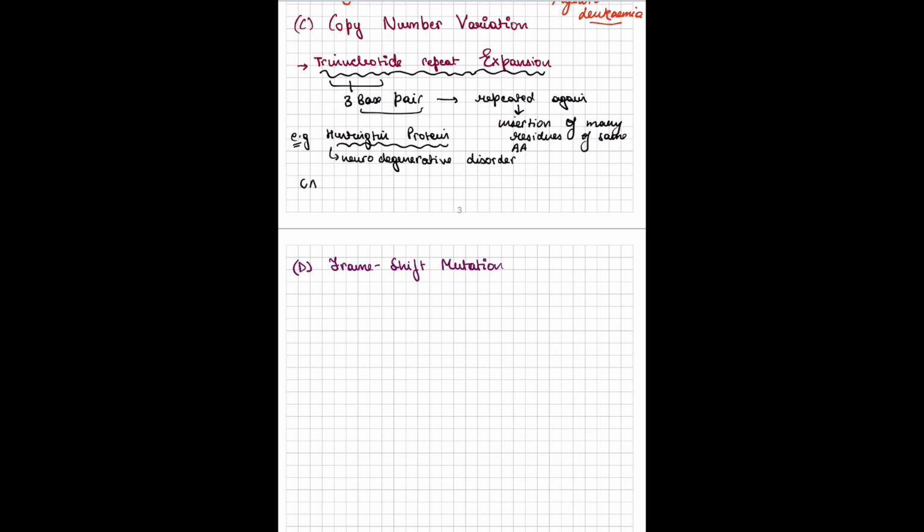Here, CAG, which codes for glutamine, is repeated on exon number 1, which results in the formation of an abnormal protein, which causes Huntington disease.